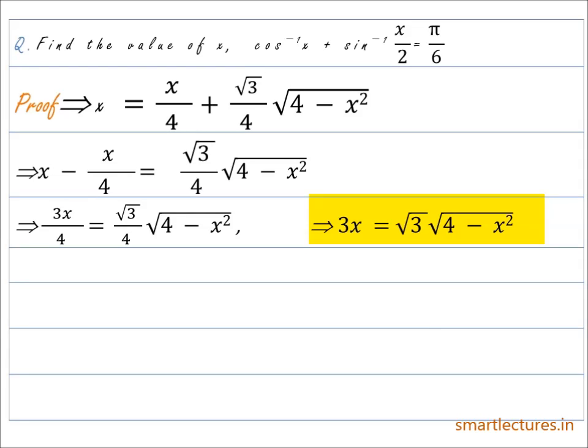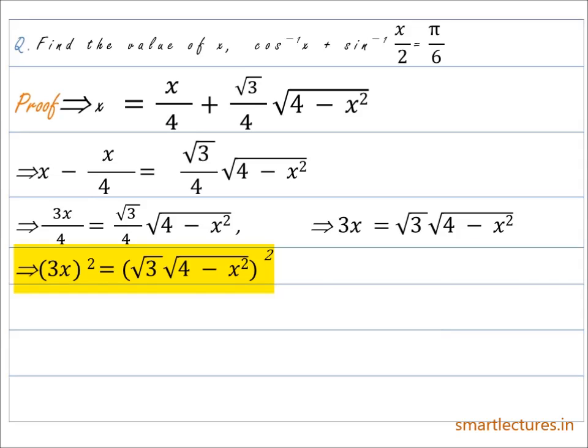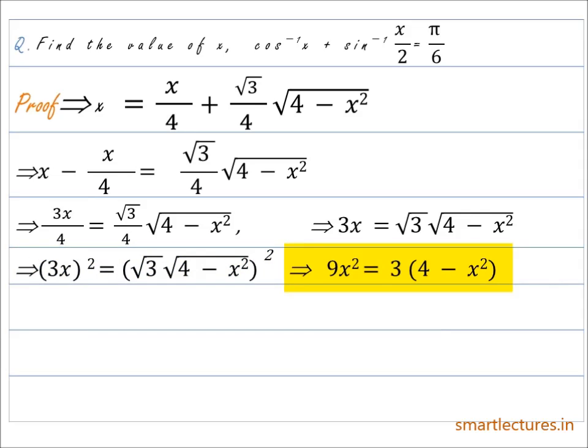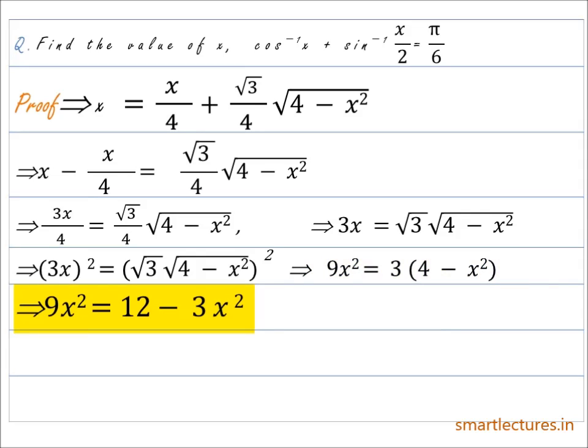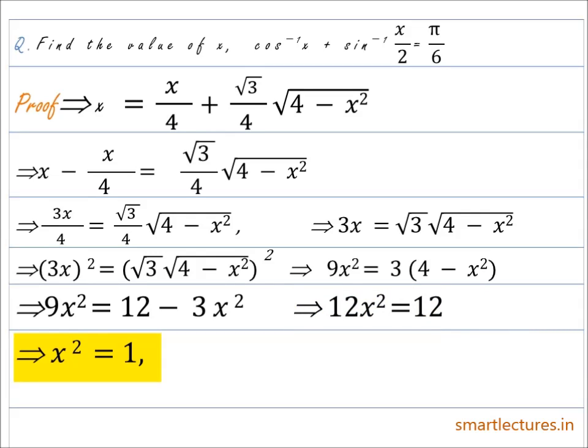And now squaring both sides of this equality, the new equation becomes 3x whole square is equal to under root 3 into square root of 4 minus x square whole squared, which is 9x square is equal to 3 into 4 minus x square, which can be further simplified as 9x square is equal to 12 minus 3x square, or 12x square is equal to 12, which means x square is equal to 1 and x is equal to plus minus 1.